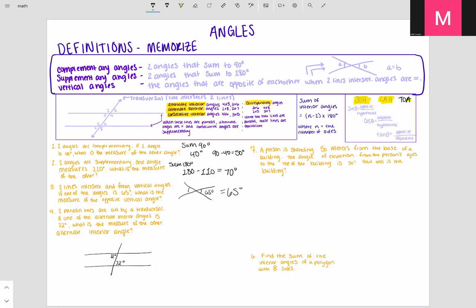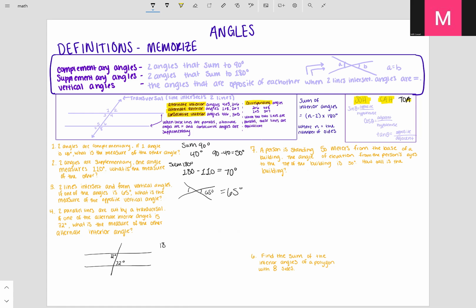Now, let's find all of the other angles. So, our consecutive interior angles, remember, are going to be like this one and this one. Consecutive interior, they're right next to each other. They will sum to 180 degrees. They're supplementary.